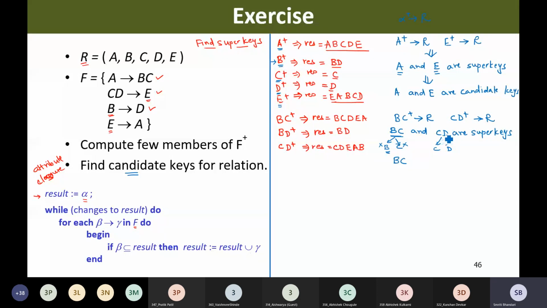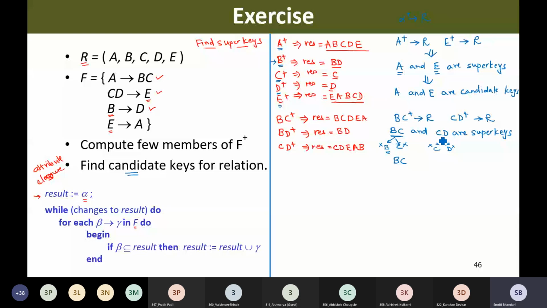What about this CD? The subsets are C and D. Only C is not the super key. Only D is not the super key. But the combination CD is a super key.